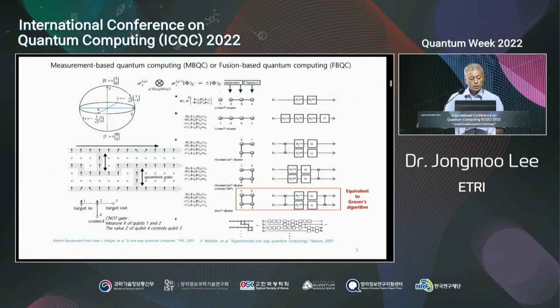This shows the measurement-based quantum computing, also called fusion-based quantum computing. For measurement-based quantum computing, we need a large scale of entangled qubits. And if we can prepare a large entangled photon cluster, then we can solve any quantum program.